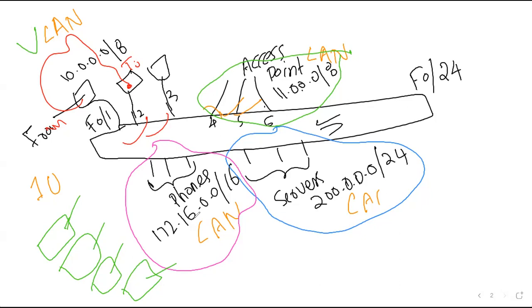By default, whether you have 12, 24, 48 or 96 ports in a switch, all ports are in a single network, one network. So if you have one switch with ports 1 to 24, all of them are one network.